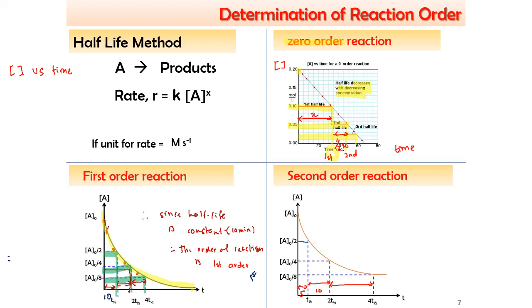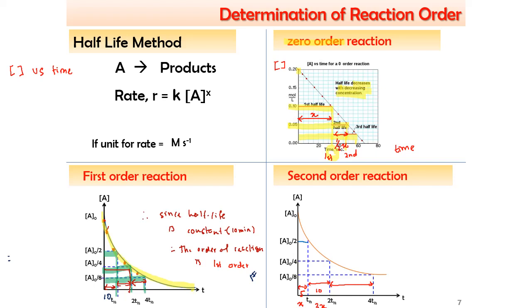So you can see the trend that the first half-life is, let's say we use unknown x, the value of x, so the second half-life will be double.